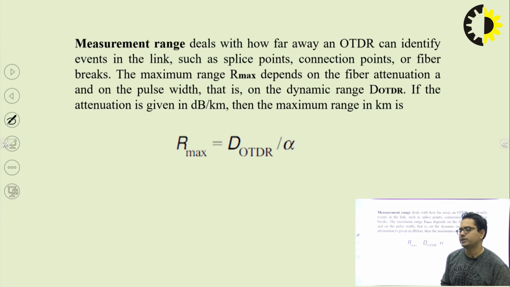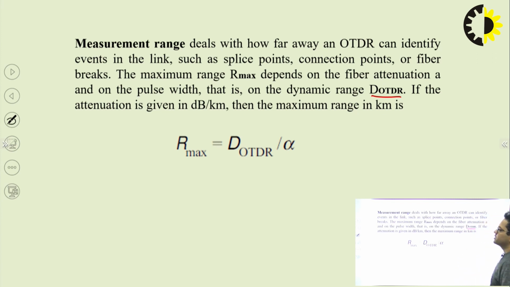And the maximum range, Rmax, depends on the fiber attenuation and on the pulse width, that is, on the dynamic range, which is denoted by D_OTDR.